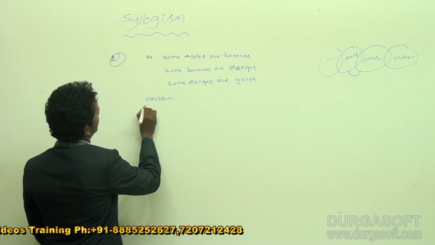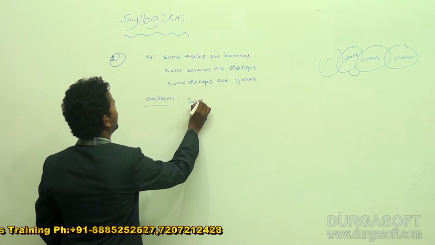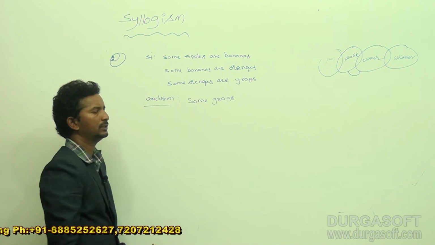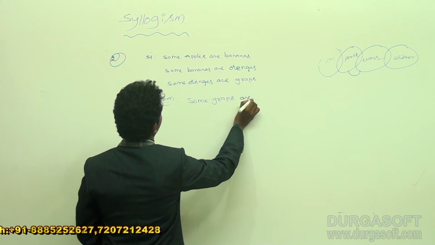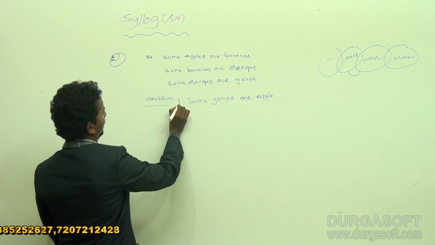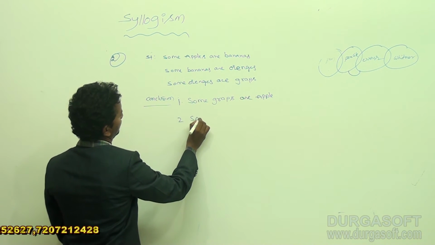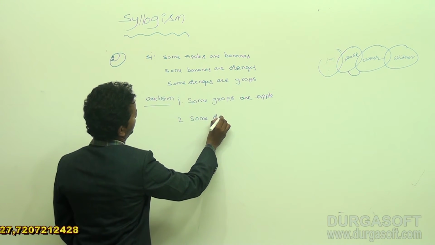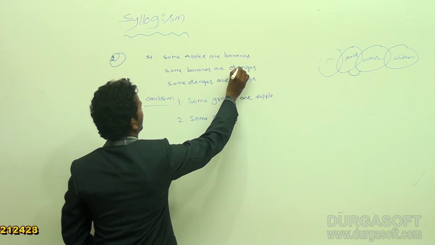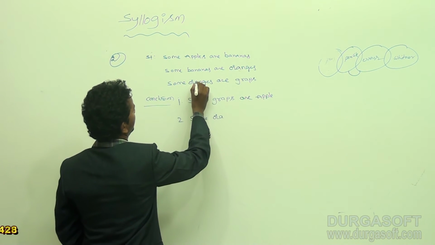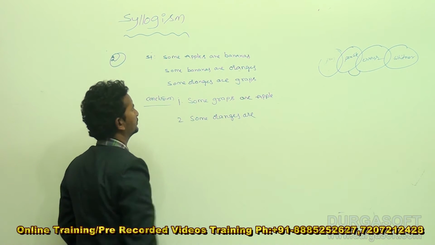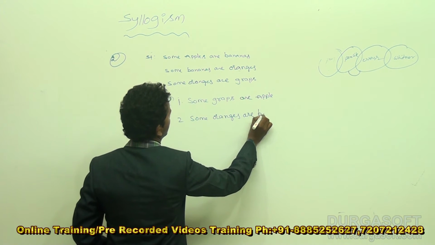Now the conclusions. Some grapes are apples. Now some oranges are bananas.